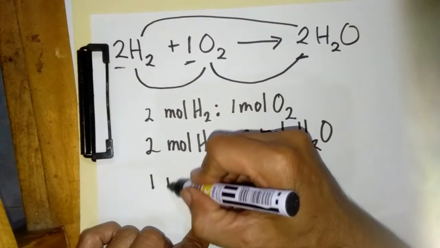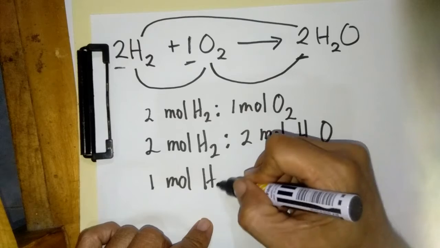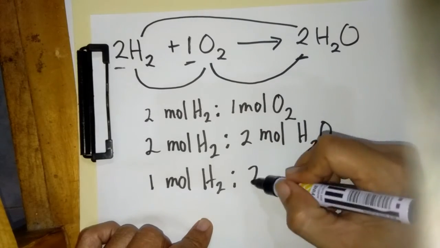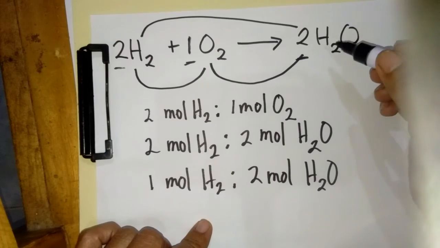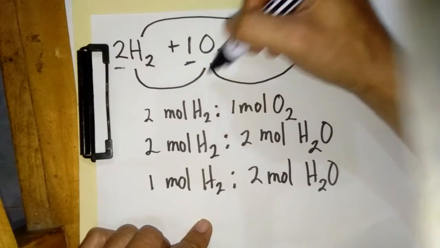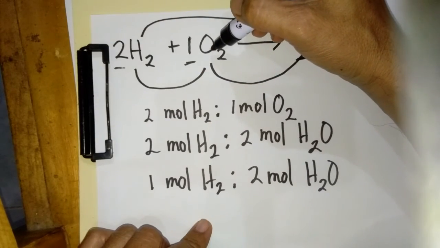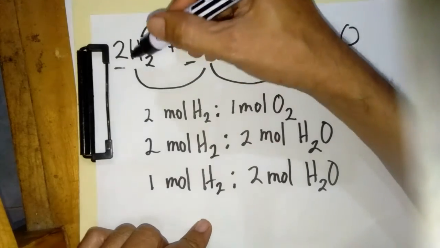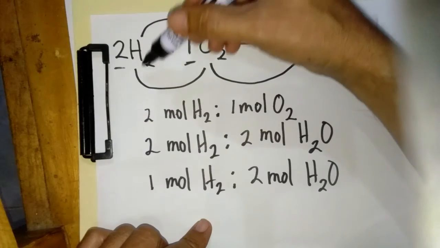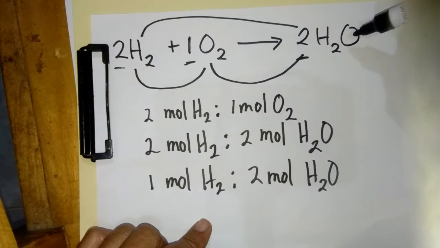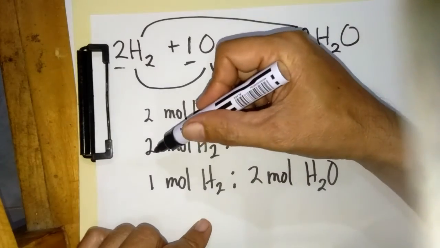These can also be reversed. 2 moles of H2 is to 1 mole of O2, or 1 mole of O2 is to 2 moles of H2. We have 2 moles of H2 is to 2 moles of H2O, or 2 moles of H2O is to 2 moles of H2.